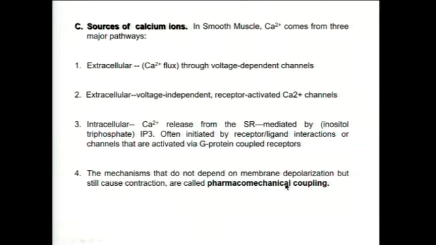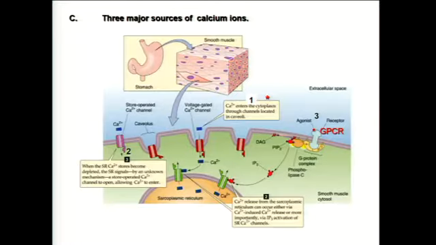Because it does not depend on membrane depolarization, but you have contraction, pharmacomechanical coupling. This is the thing you should really focus on. So this cartoon is what I'm talking about. You get calcium from the outside in a voltage-gated calcium channel. Calcium will do two things.